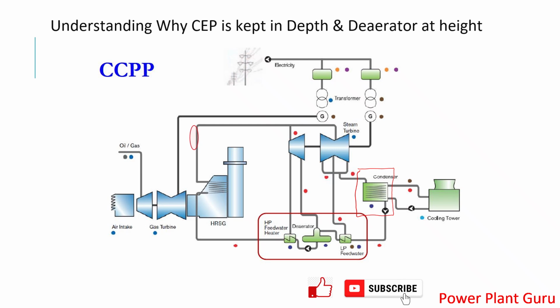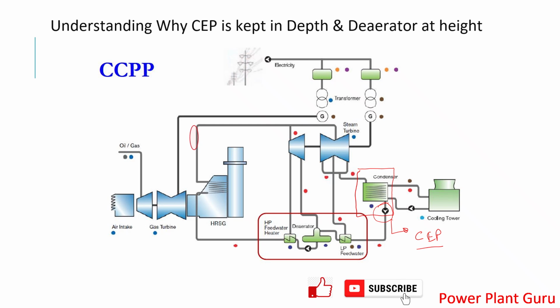Steam is continuously coming, so there is a continuous inlet of mass, and that mass has to be circulated back into the power cycle. That is why you need a pump here. This pump is called the condensate extraction pump, which is CEP.